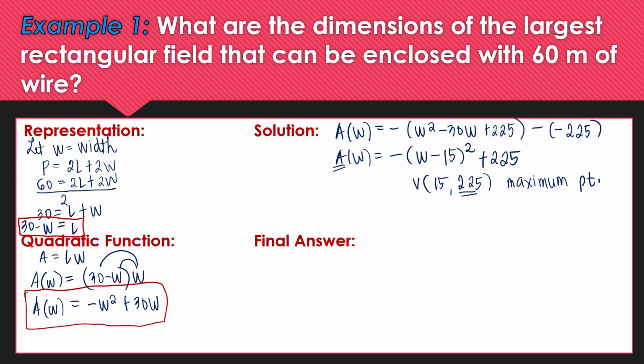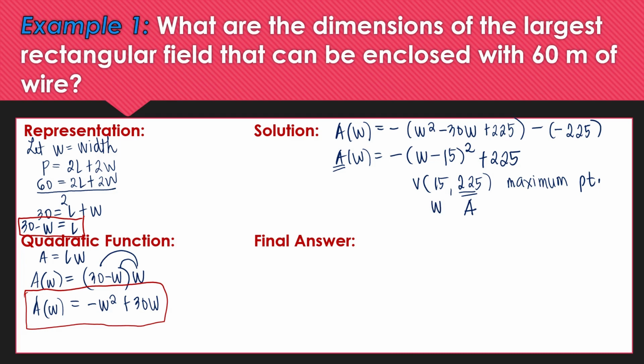And the question is, what are the dimensions of the largest rectangular field? 225 is the largest area, and what is the dimension? The 15, the value of h, will be the value of W, which is the width.